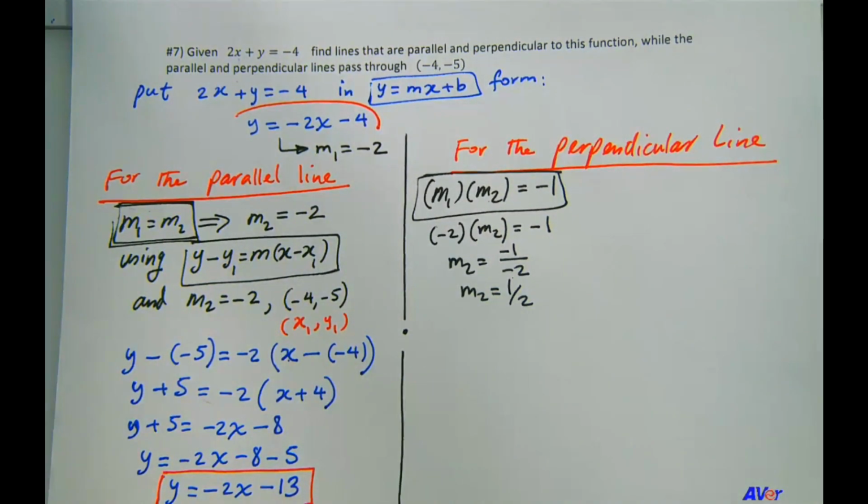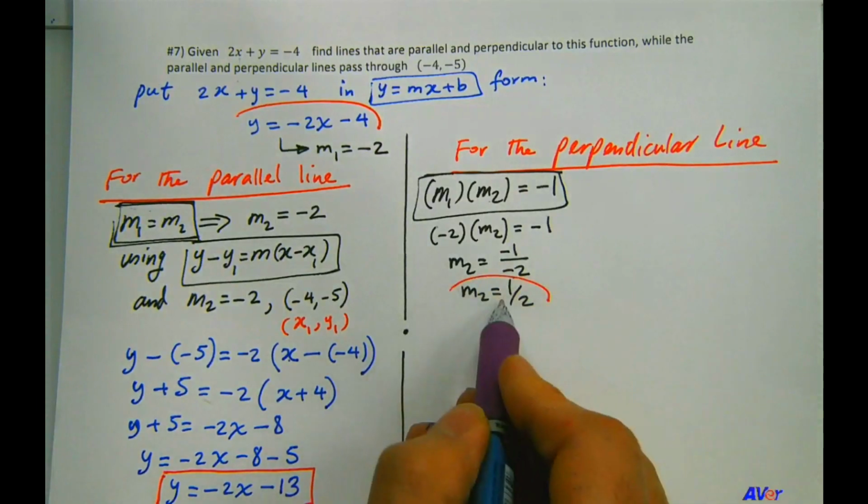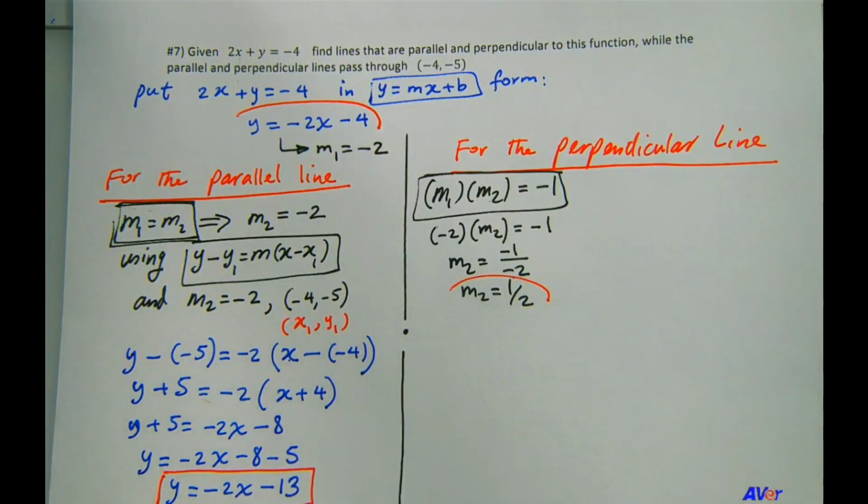Okay? So we have our slope of the perpendicular line.